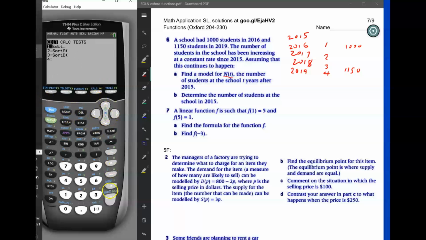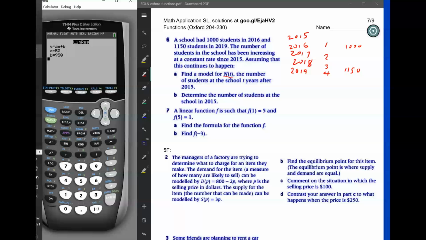Stat, edit. Oops, look what I did there. Delete. Okay, stat, calc, lin reg. Calculate. Make sure frequency list is blank.